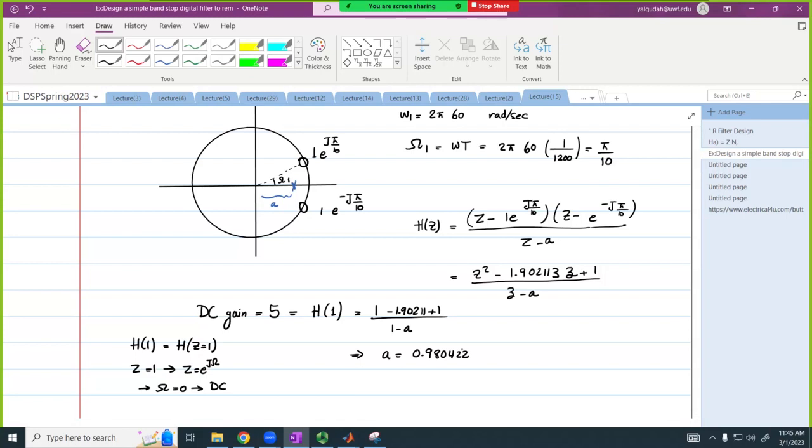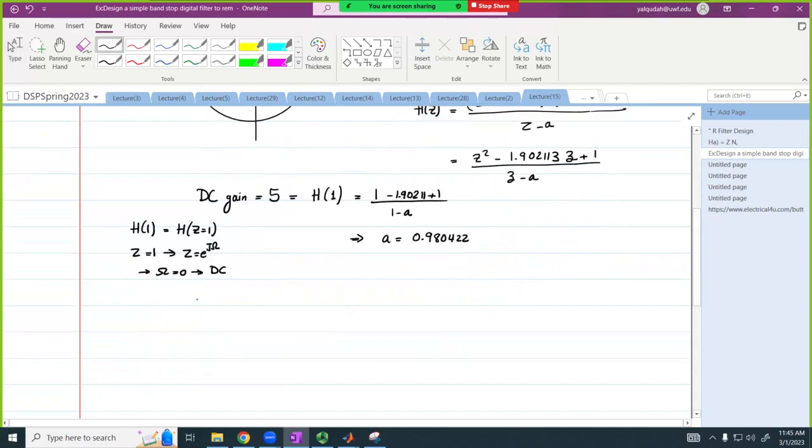How do we get the difference equation from this? H equals Y of z over X of z. Anybody want to read me the difference equation? Nobody wants to?